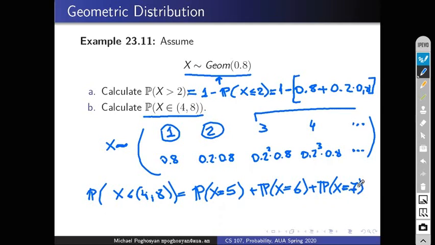Well, I'm not reading correctly. I need to say the probability that X is 5 or X is 6 or X is 7.